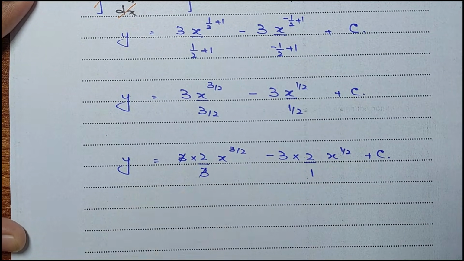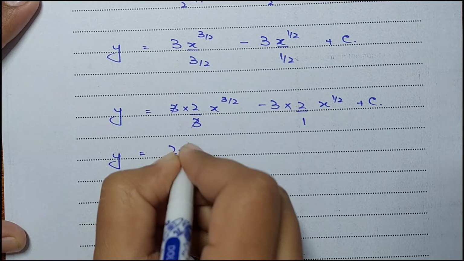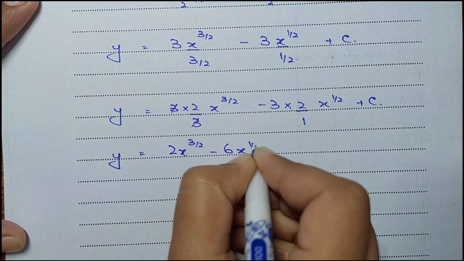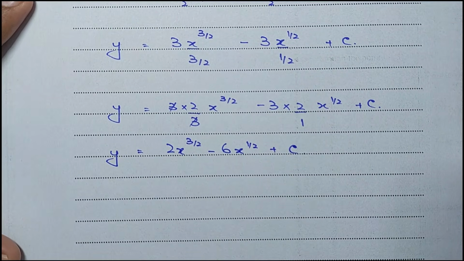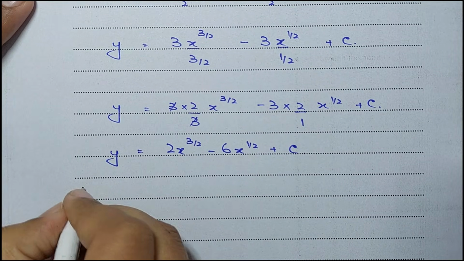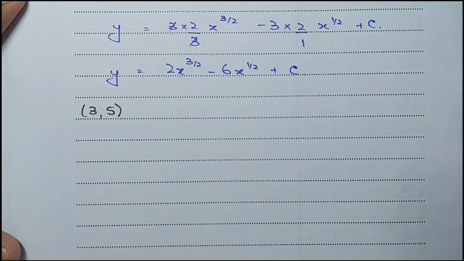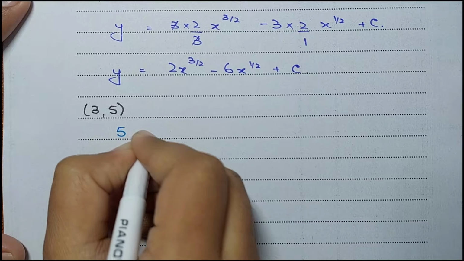So this 3 and this 3 cancel out. The equation of the curve is y equals 2x to the power 3 by 2 minus 3 times 2, which is 6x to the power 1 by 2, plus the constant of integration. Now we just need to find the value of c by using the point 3, 5. The point passes through the curve, so it must satisfy the curve. The y value is 5, the x value is 3.